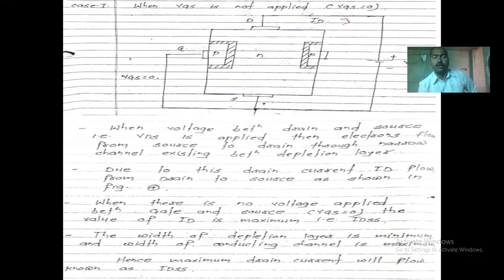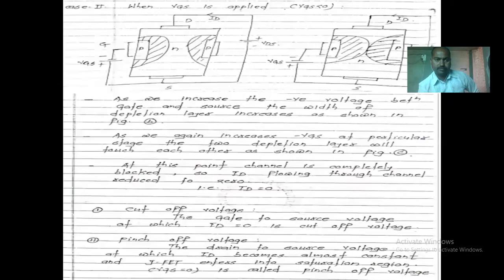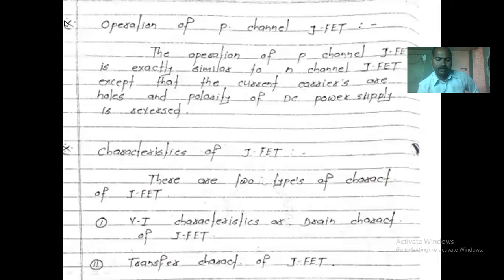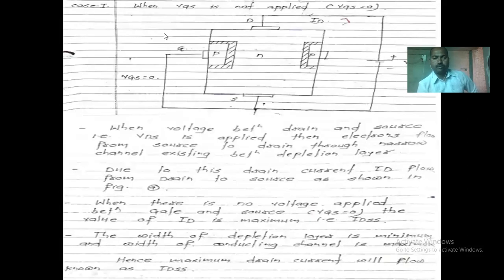This is the case for VGS negative. Initially the condition is phi j equal to 0.